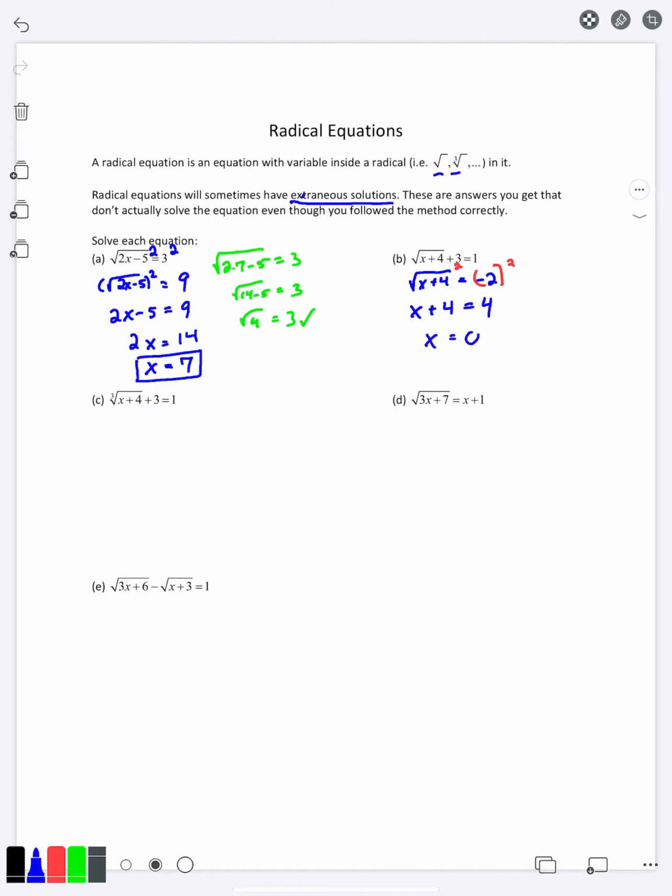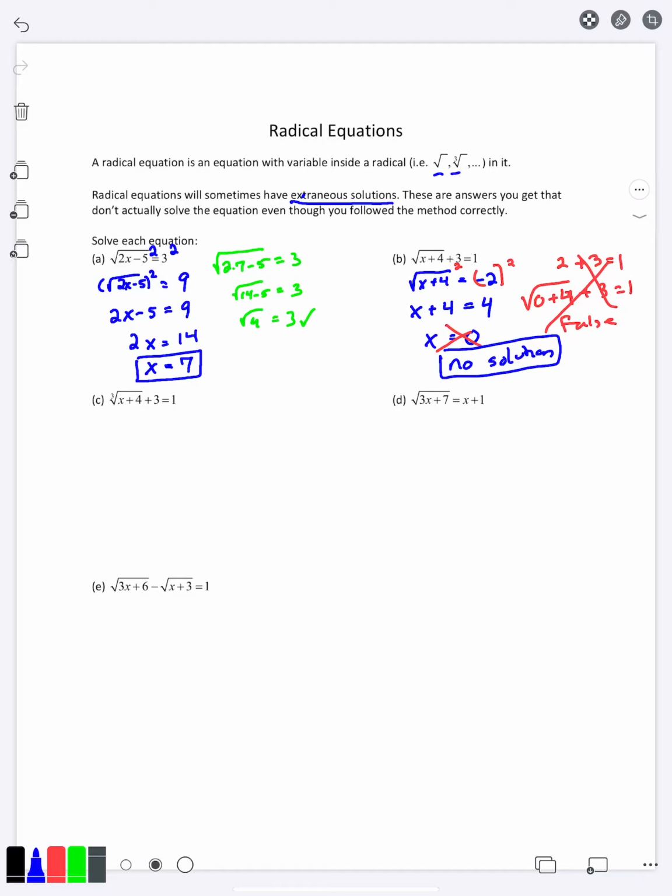Then we subtract 4, and we get x equal to 0. However, if you try this one here, this is going to be false. This would be 2 plus 3 equal to 1. It's not going to work, which means x equal to 0 is not a good solution. And since there was nothing else, that means there is no solution to this problem.